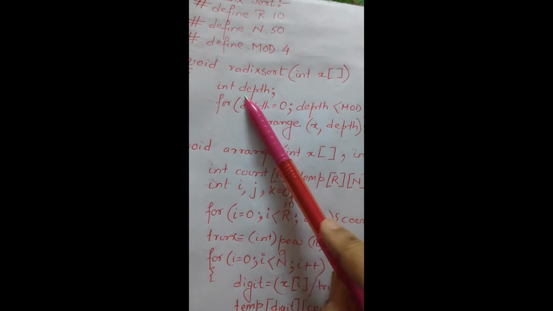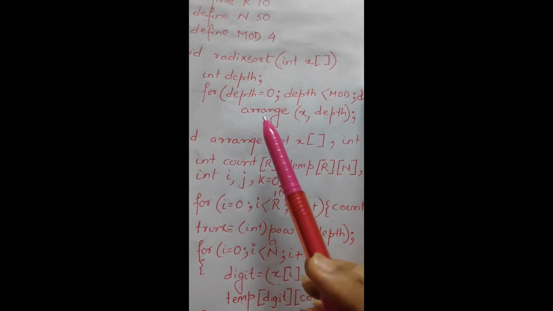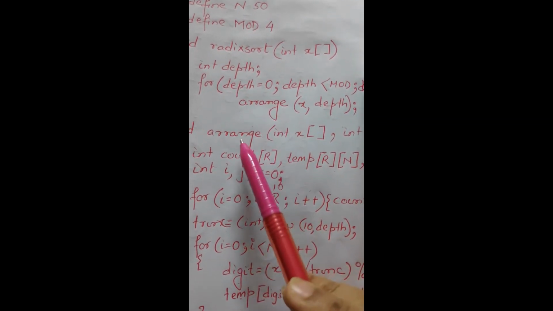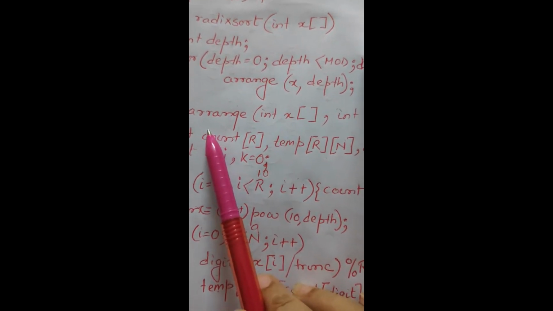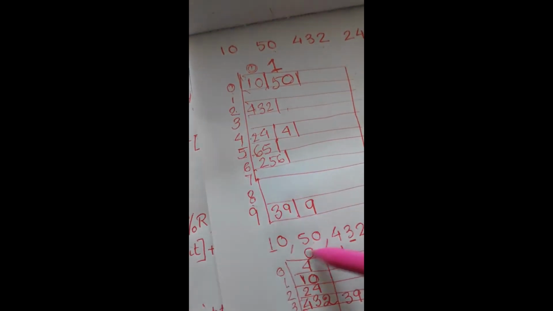Now we would be calling the Radix sort with the array. And inside the Radix sort, we would be calling this arrange function. The arrange function would be arranging the elements of the array into the 2-dimensional array that we had already discussed. So this arrange function is going to extract each digit and create this 2-dimensional array.